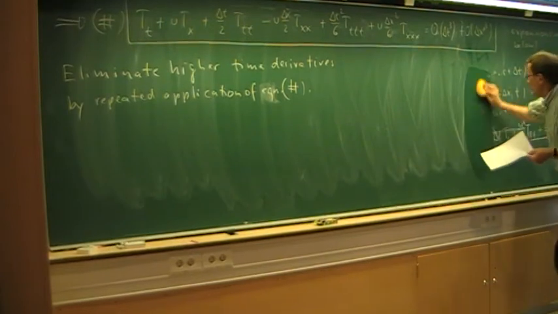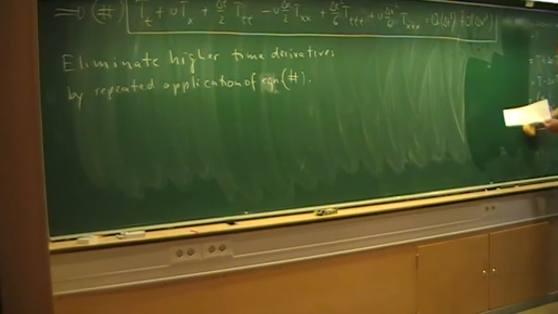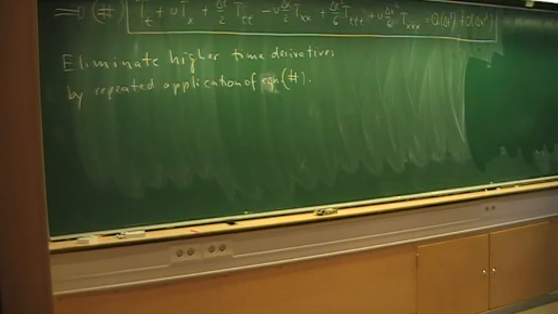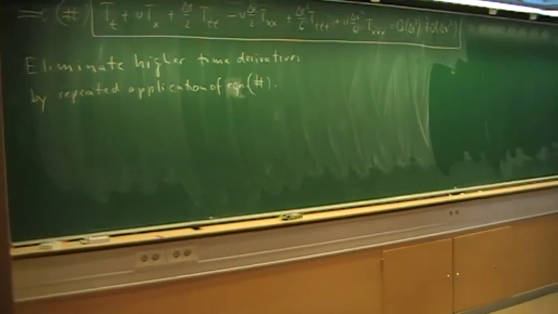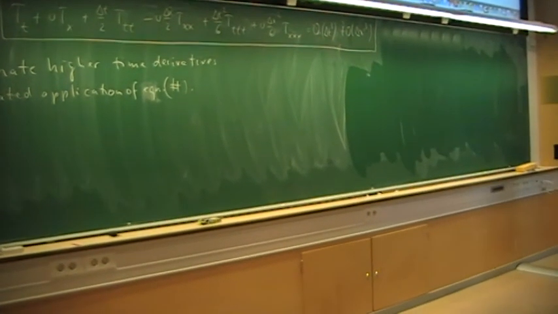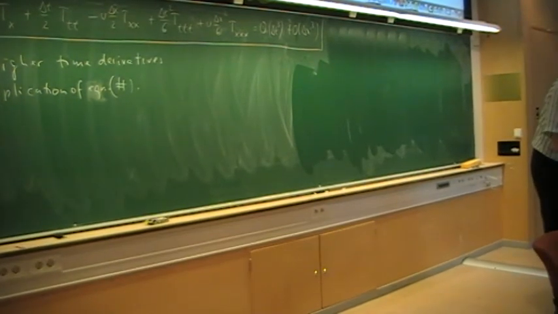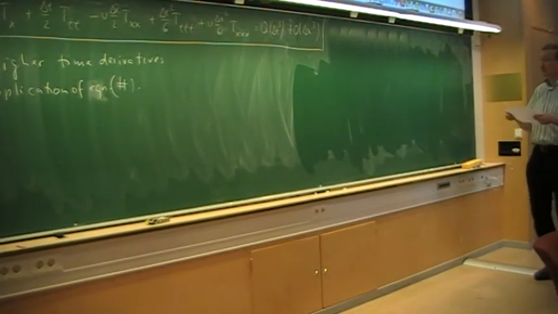Okay, so we want to do this procedure and eliminate the higher order time derivatives to see what the equation represents. To do that, we need some space. Let's see.